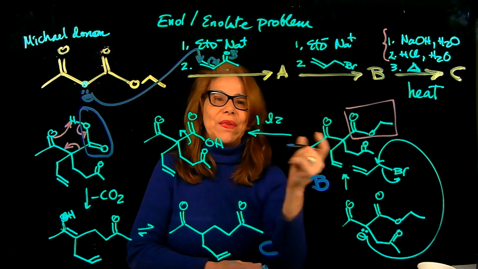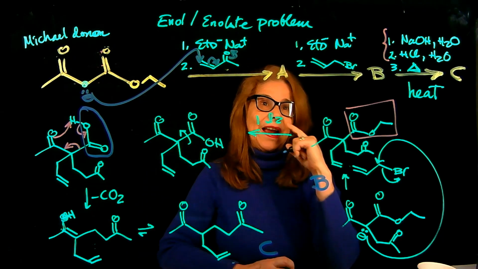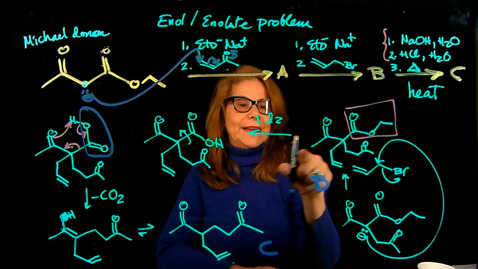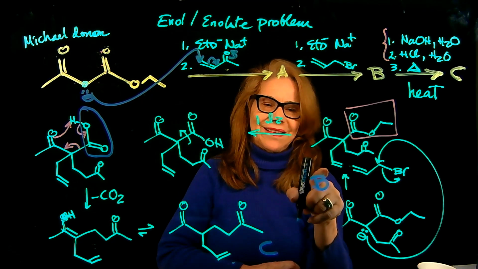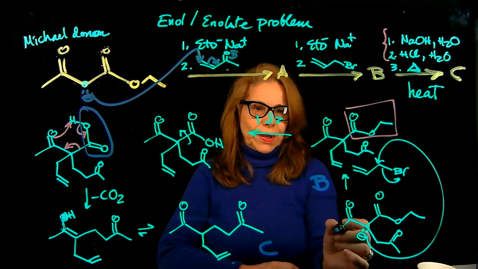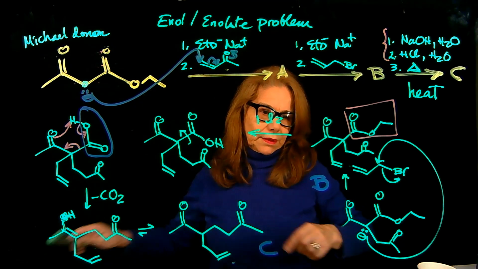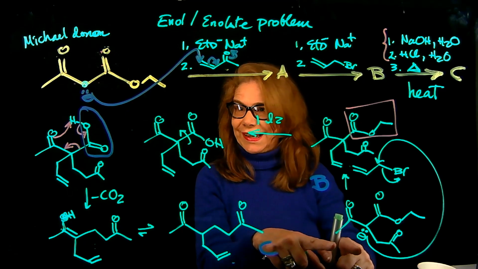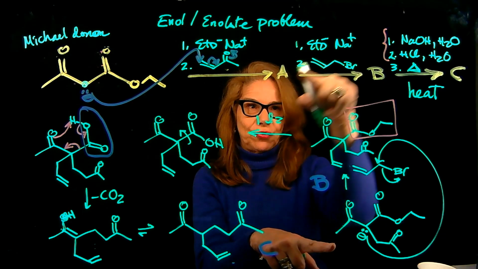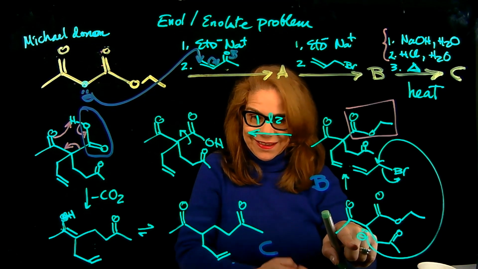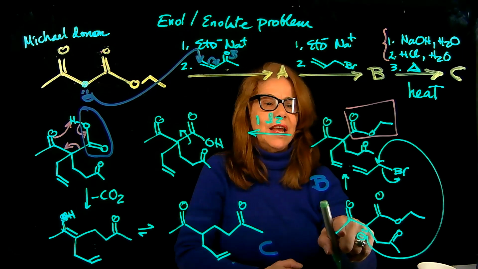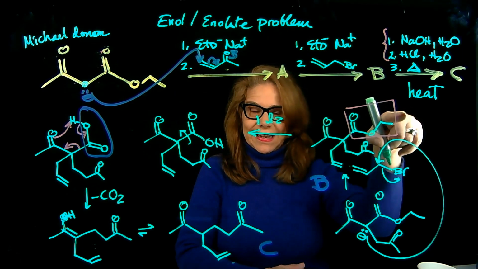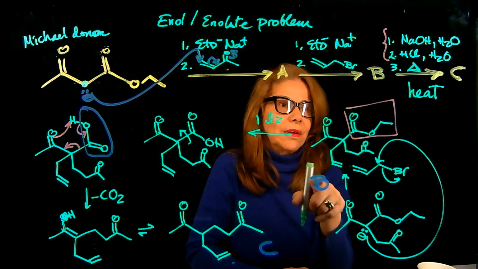This is A, but deprotonated. After A is treated with ethoxide, you get the other acidic hydrogen out, and that acts as the nucleophile, and that is my essential reaction. That is the compound here, B.